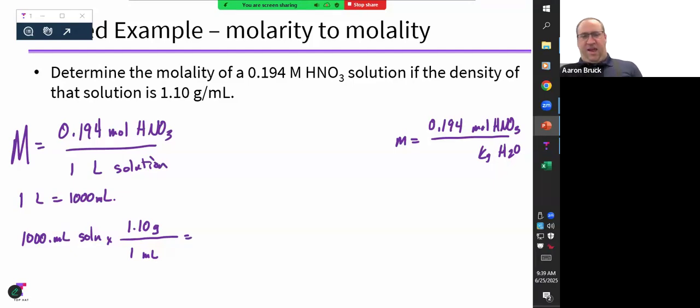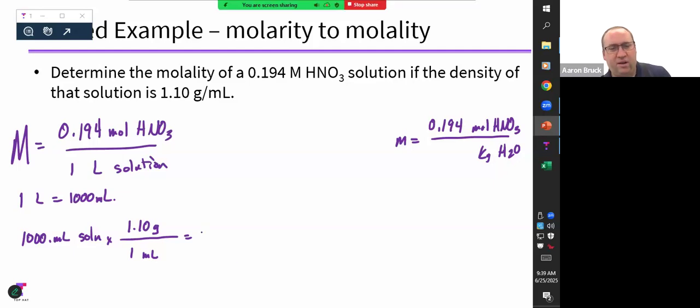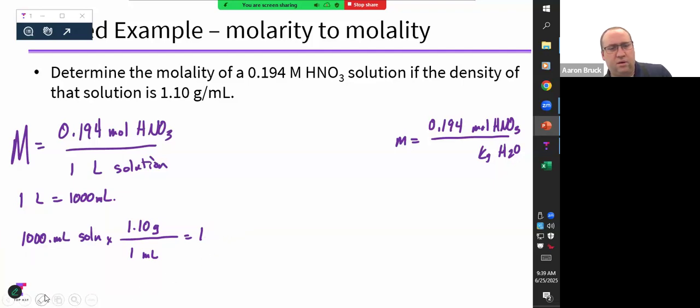So I have 1.10 times 1,000, which is 1,100 grams of solution.